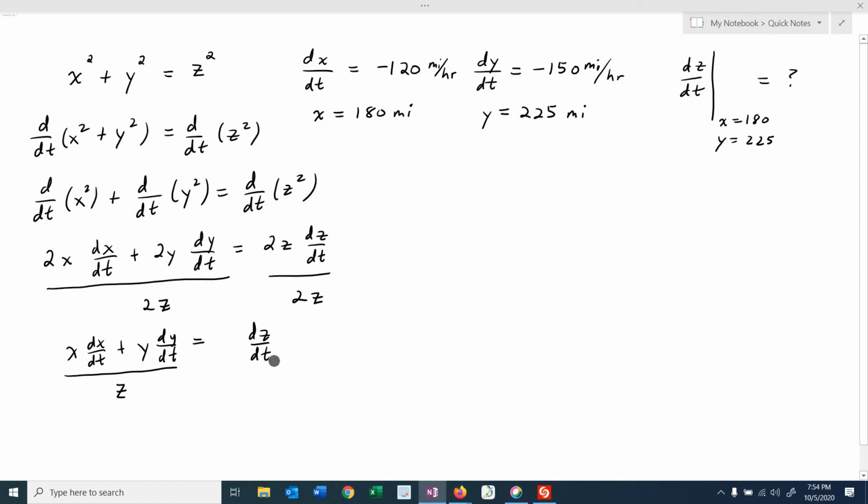Now we want to evaluate this. x is 180 and y is 225. Okay, so let's evaluate dz/dt when x is 180 and y is 225.